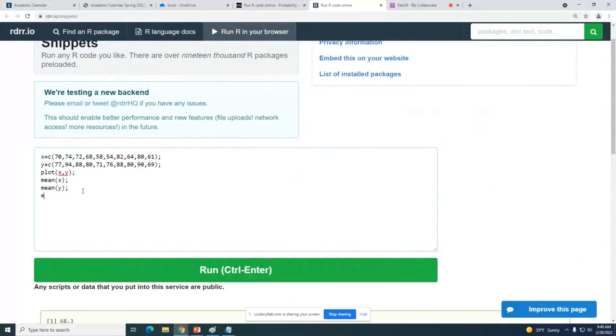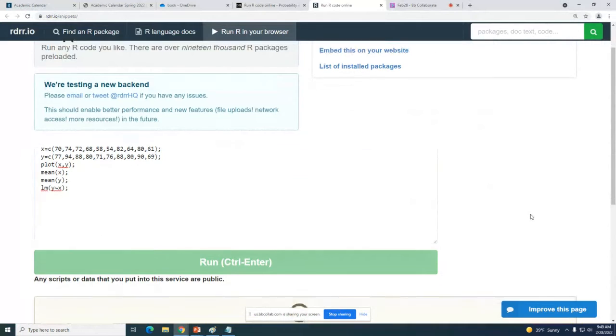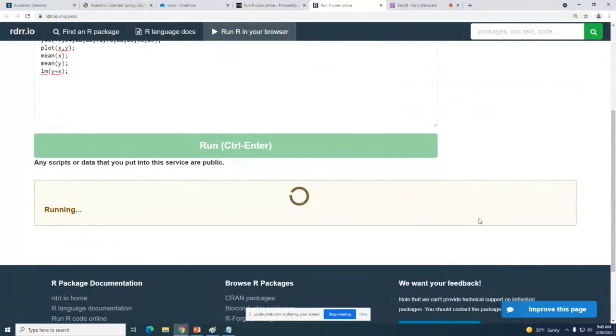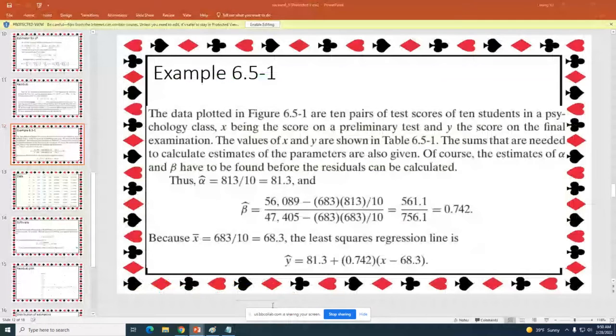So we're going to run a linear model, Y tilde X. It's just going to tell you the slope, which is 0.7421, the beta, and it's the same beta that you see in the textbook solution.